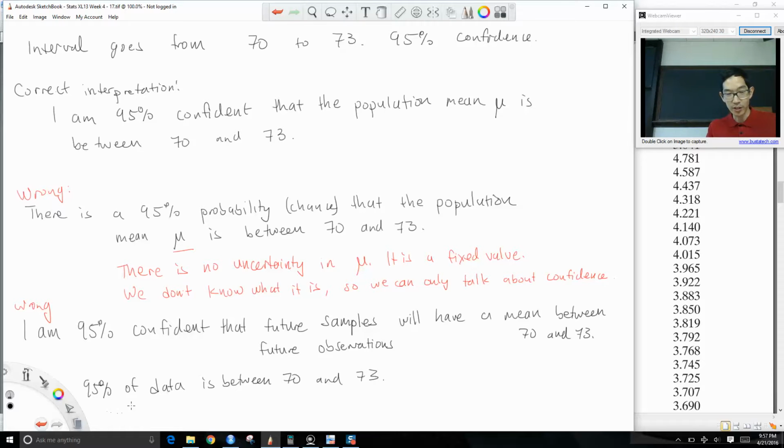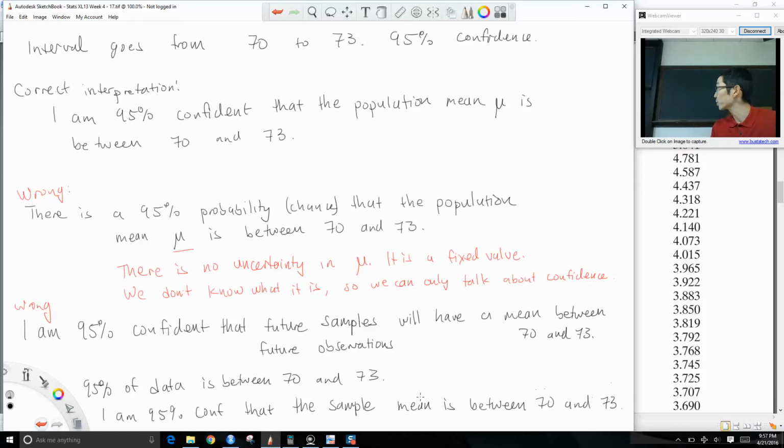Or even, I am 95% confident that the sample mean is in the interval.